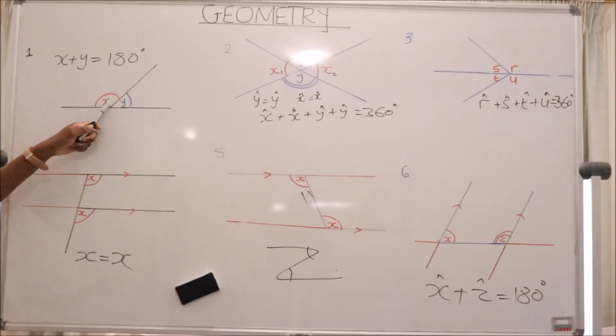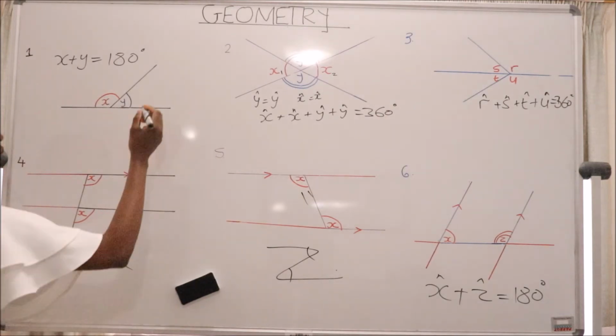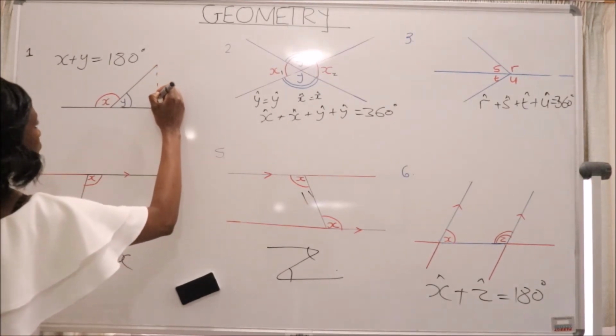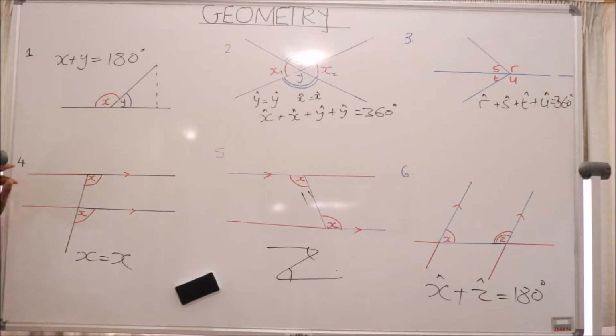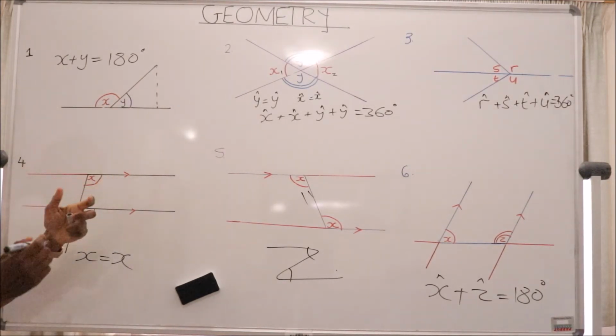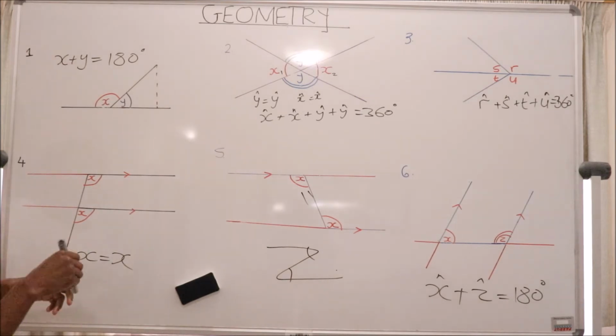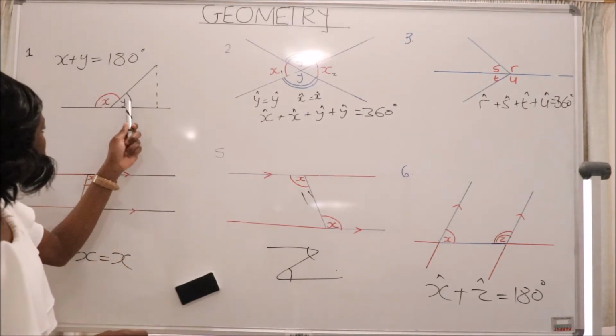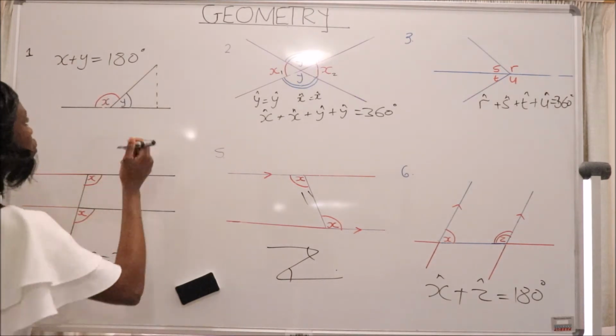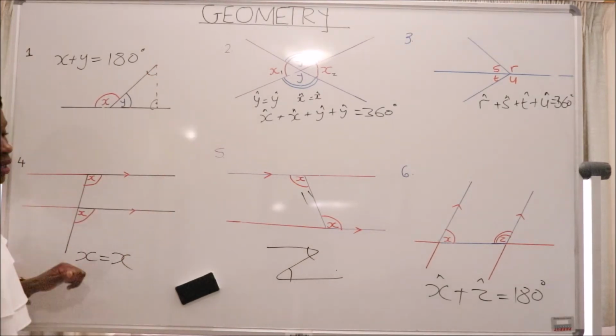So in this case, if we just extend this and make it like that, this angle now is an external angle of this triangle. So it's the same as the other side, where this angle is equal to the sum of these 2 angles there. All right, I hope you guys understand that.